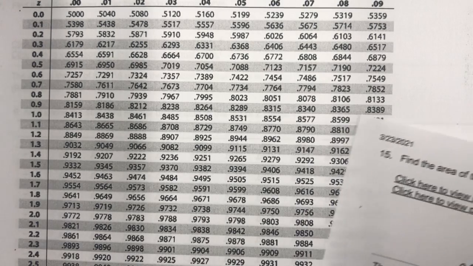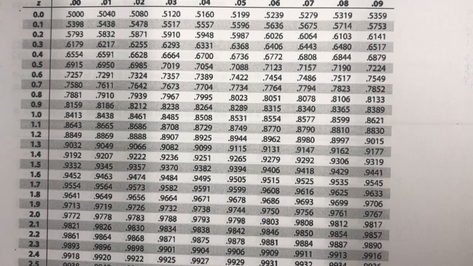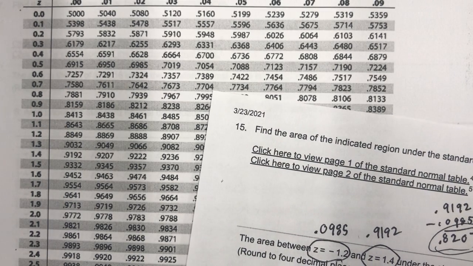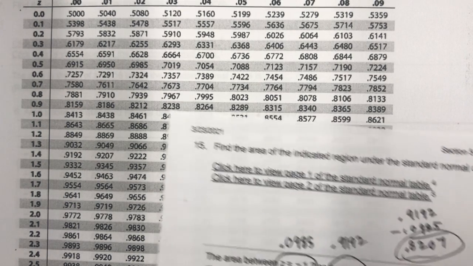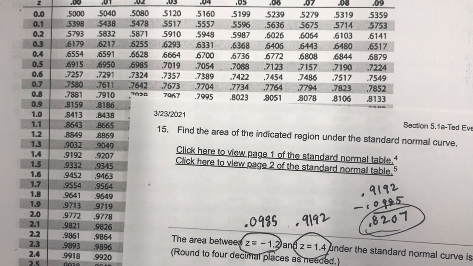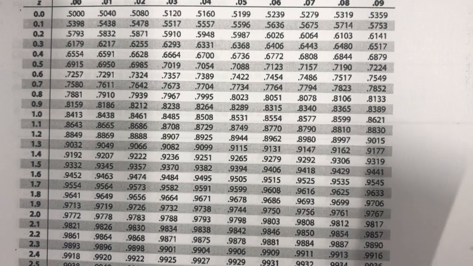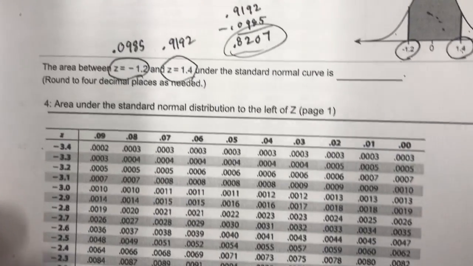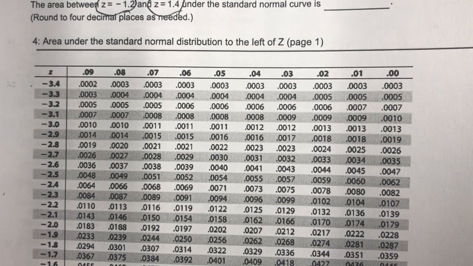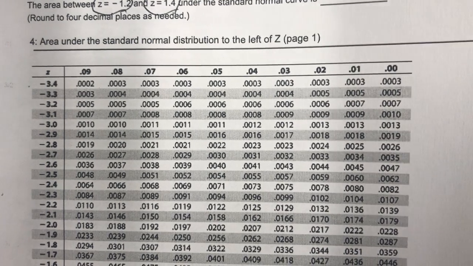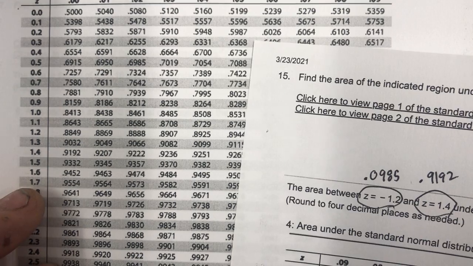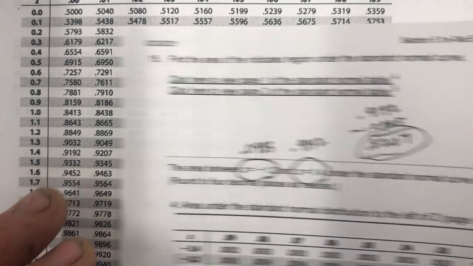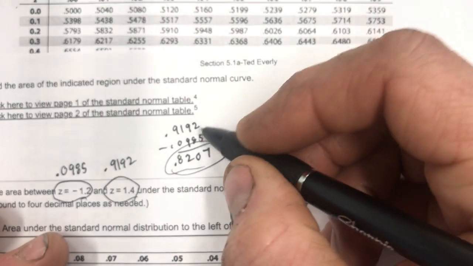No, that's not what this answer said. Is this the right page? Oh, no, this is another problem. No, let's look at this again. Negative 1.2 is 0985, and then 1.4, 9192, and so I subtract them.